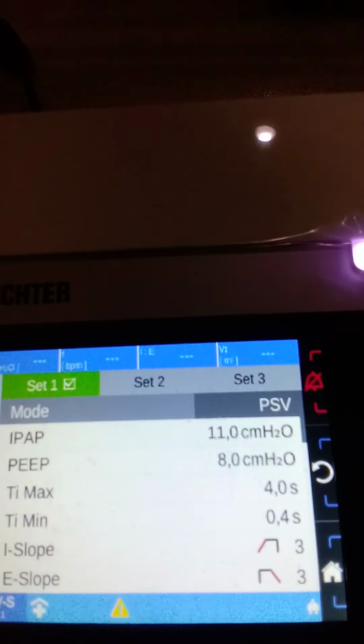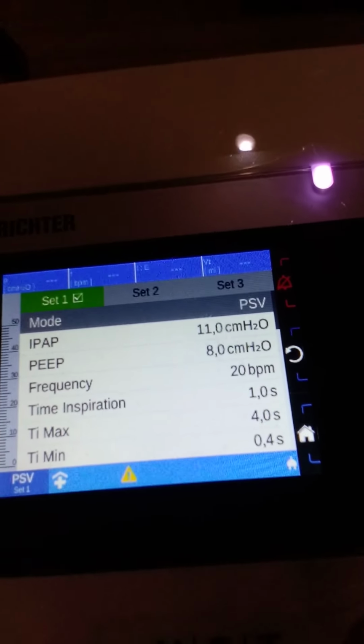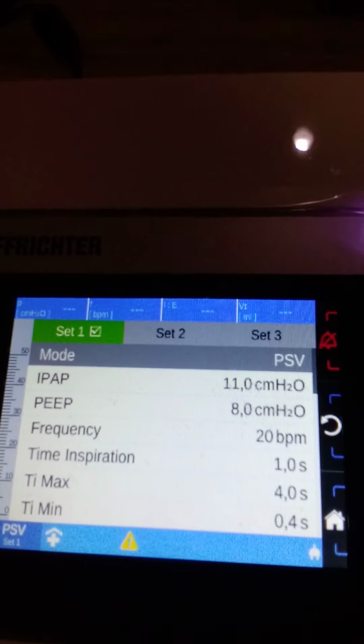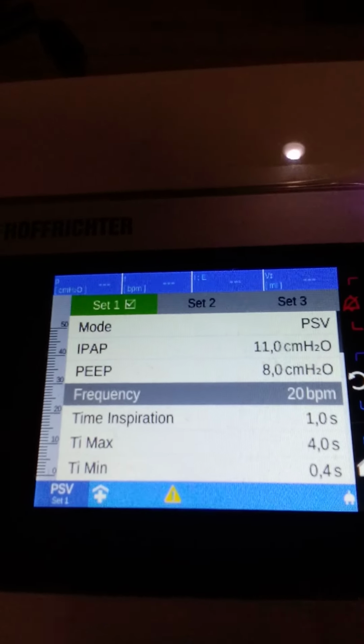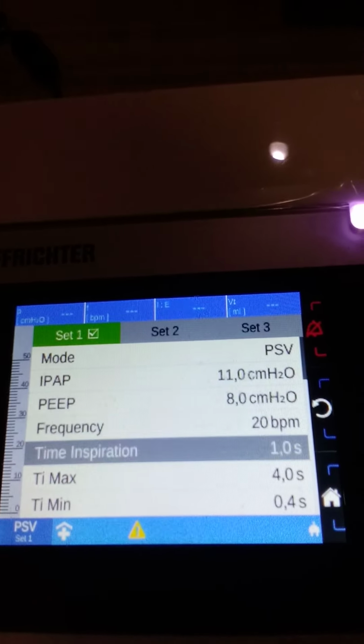Normal PSV. This is a mode of ventilation with spontaneous time, ST mode. So this is IPAP, EPAP, and this is frequency.